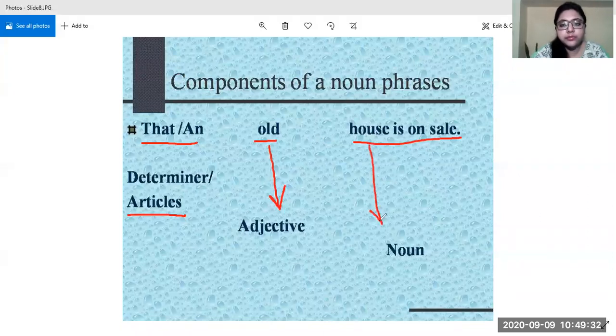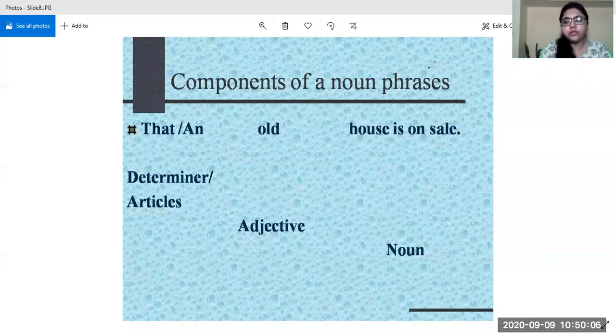House is the noun, and "that" is a determiner. That, these, those, this are known as determiners, and "an" is an article. These are the components of a noun phrase. When the noun phrase consists of more than two or three words, it can have a determiner, an article, an adjective, and a noun.